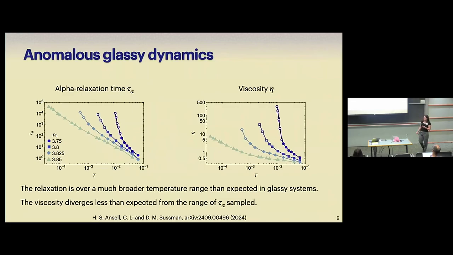But as p-naught increases, we see that the viscosity seems to diverge less and less, to the point that for this highest p-naught, even though the relaxation time has increased enough that you would typically expect you would be in the glassy regime, which is often taken to be a tau alpha of around 10 to the 4, we see that the viscosity hasn't even increased by 2 orders of magnitude, and it's only made it to a value of about 10. So the viscosity is really diverging a lot less, or it's not really diverging when you would expect it to.